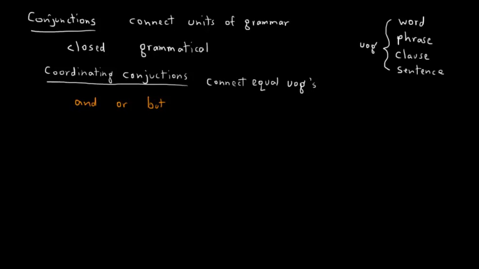And then underneath the coordinating conjunctions, they're still coordinating conjunctions, we have what we call correlative conjunctions. And these, again, they still connect equal units of grammar. I'll put a dotted line since it's not really a new type.